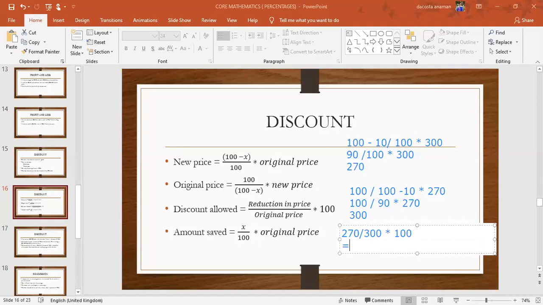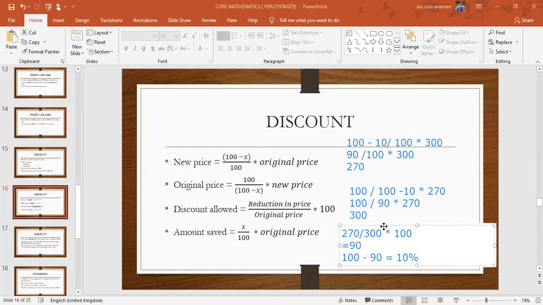So punching that in our calculator, 270 over 300 times 100, that will give us 90. Now we know that our original amount is 100%. So you subtract 90% from that, and that will give you the 10%. This is one way of solving it.